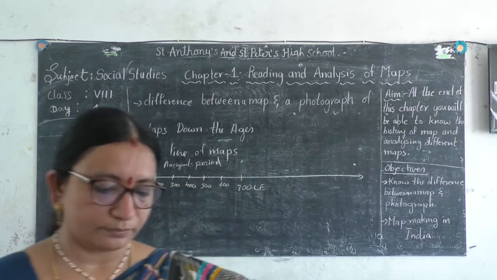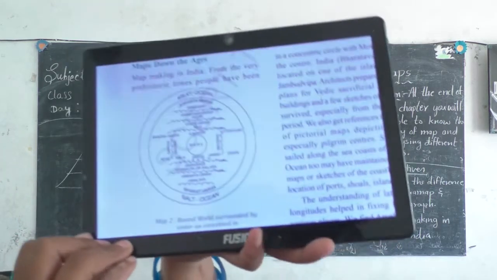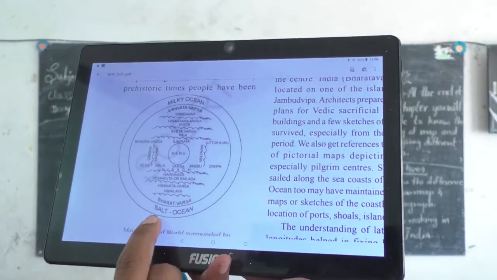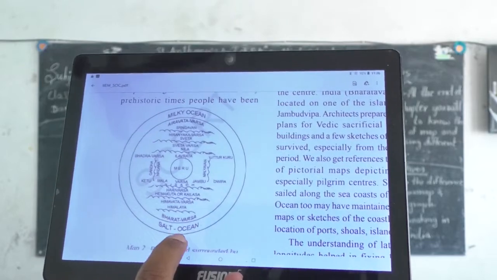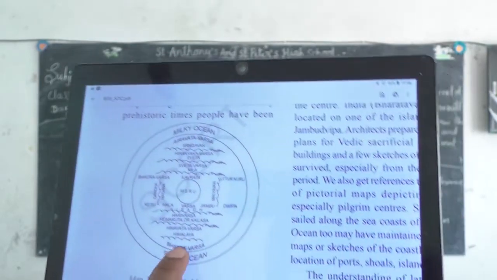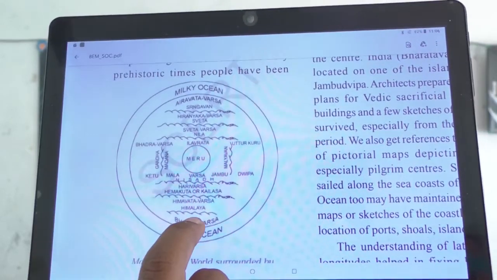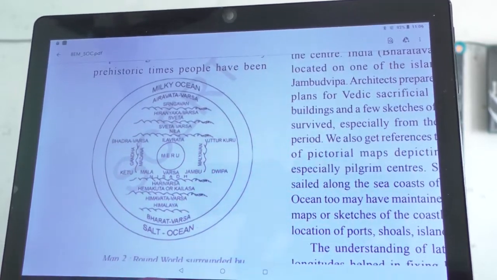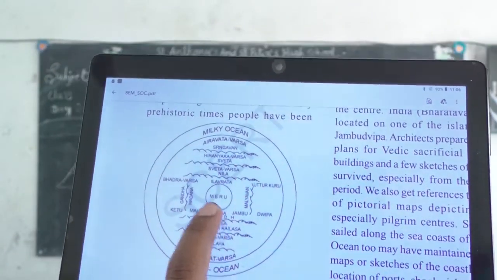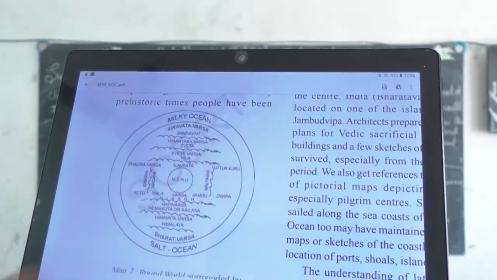Let us see one such map from the Mahabharata. You can observe this map. Here you can observe the salt ocean, that is the Indian Ocean, and Bharat Varsha, this is India. And here you can see these symbols which are used to show the mountains. You can observe the Himalayas, and here Mount Meru is considered to be the center of the entire map.